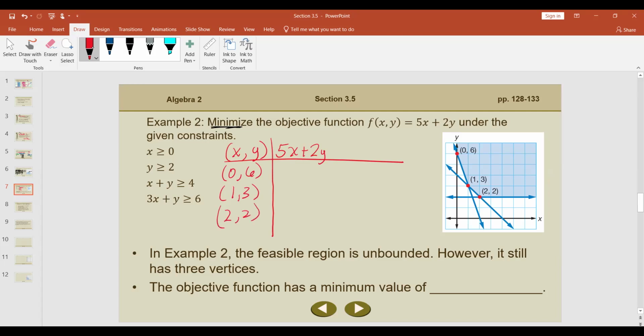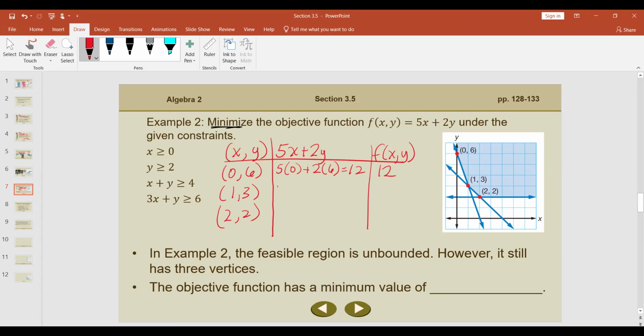All right, so I'm going to plug those in. That's 5 times 0, which is just 0, plus 2 times 6, 12. So my solution, call this f of x and y. They didn't use a separate variable like z in the last one. So the solution to the function is 12.